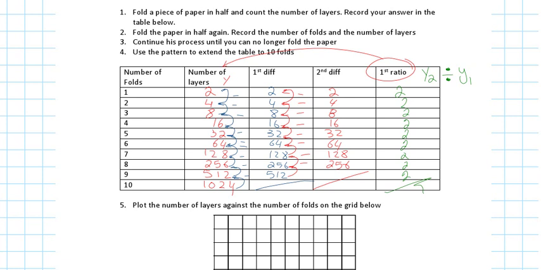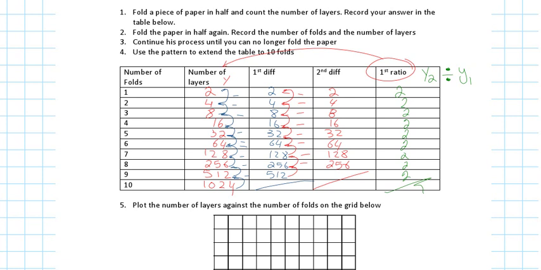So what I know is that the number of layers is doubling, and if I do my first ratio, it is constant. Now let's look at graphing it.